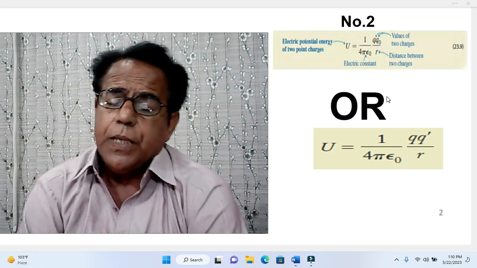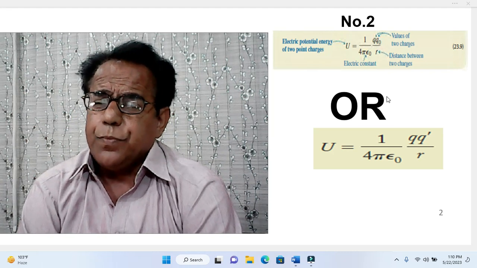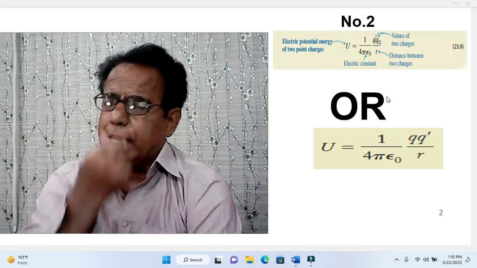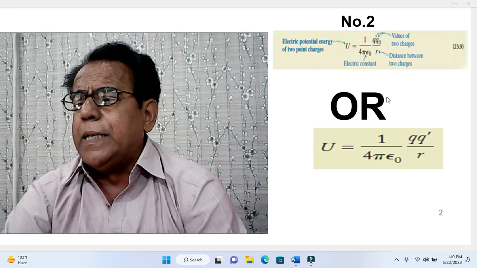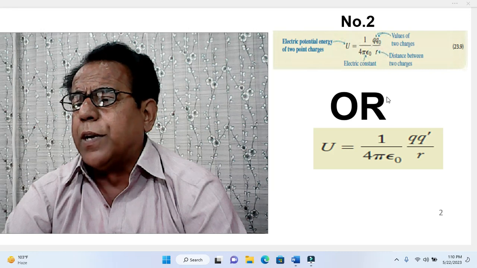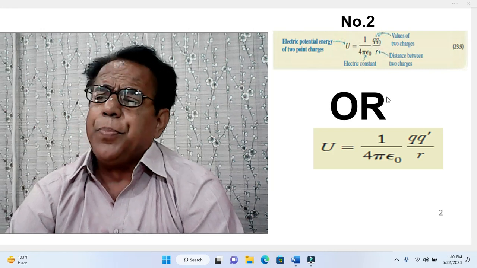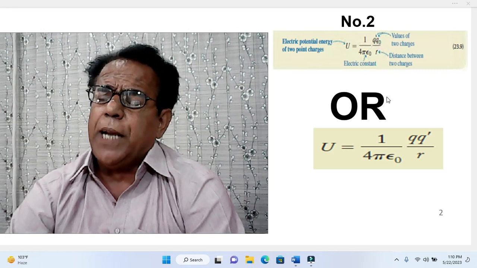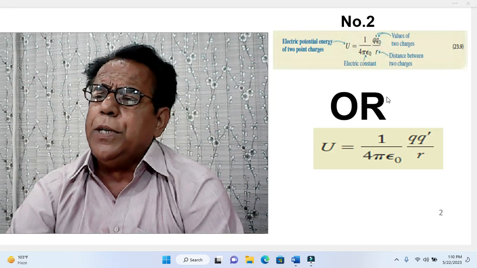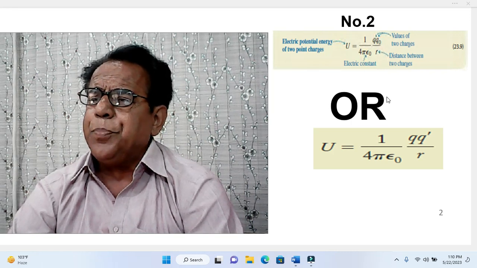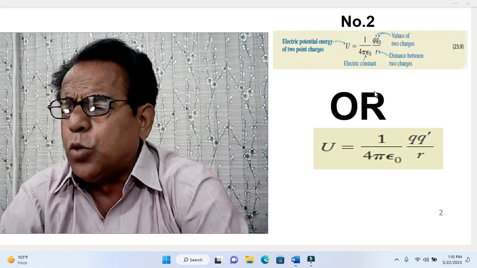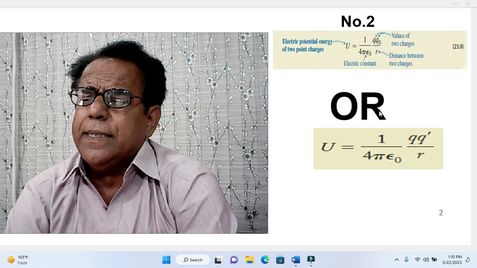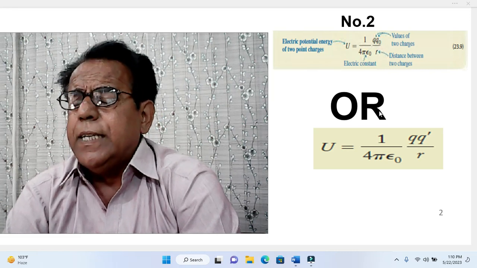Next, the alternate version of the second tool is U equal to 1 over 4 pi epsilon naught Q Q dash over R. Same thing. This snapshot has been chosen from some other book. The only difference is that here Q dash has been used, at the discretion of the author.